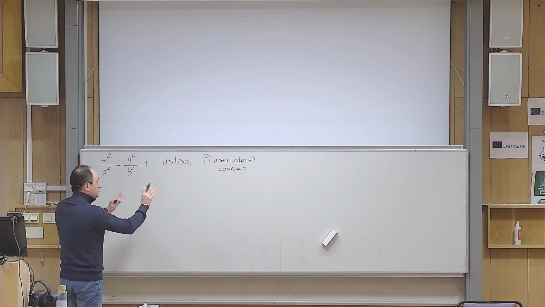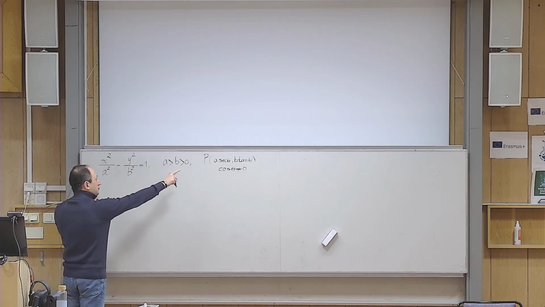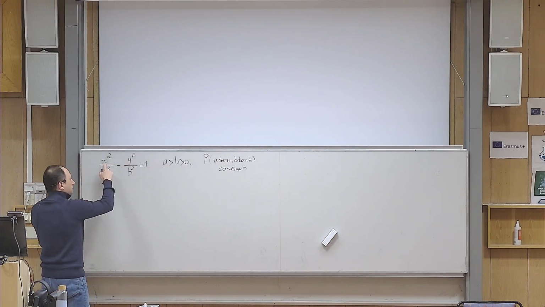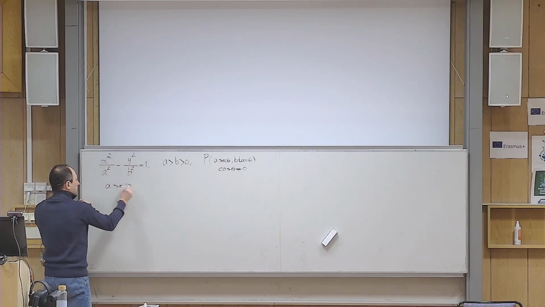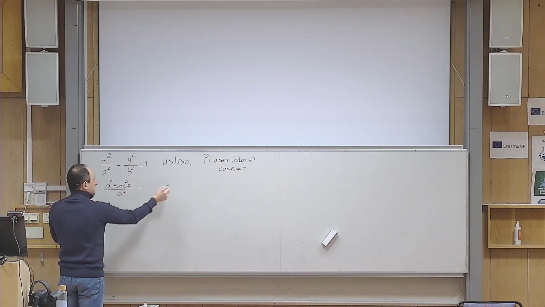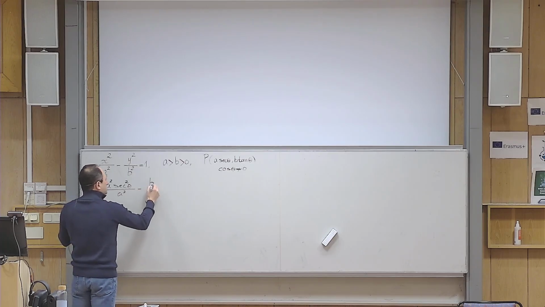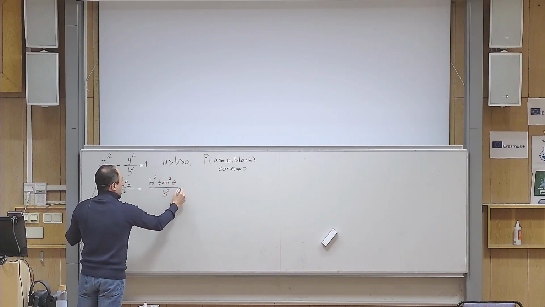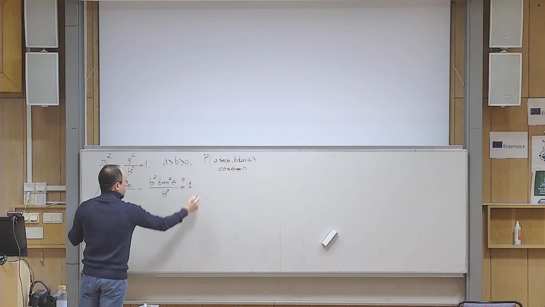Even though this part is not part of the problem, let us investigate that this point really lies there. I replace x with a secant theta, so it becomes a secant theta to power 2 divided by a squared, minus, instead of y, I put the expression for the y coordinate, divided by b squared. Is it indeed equal to 1?